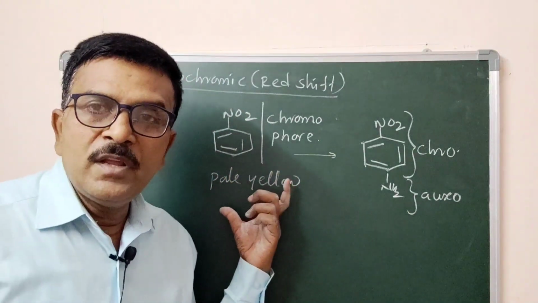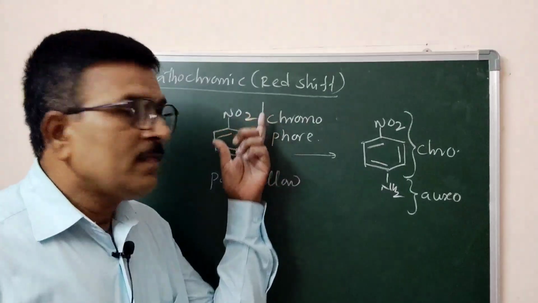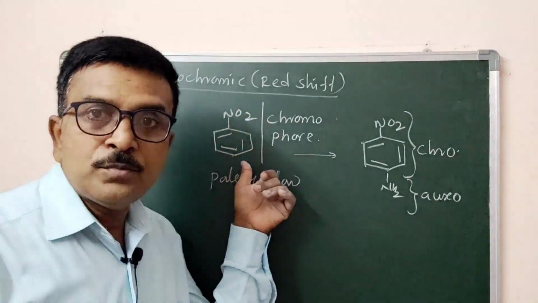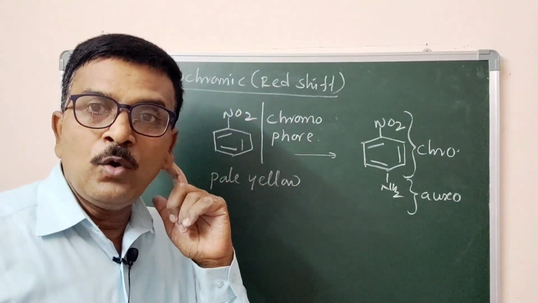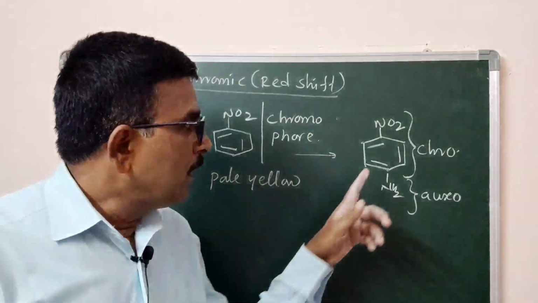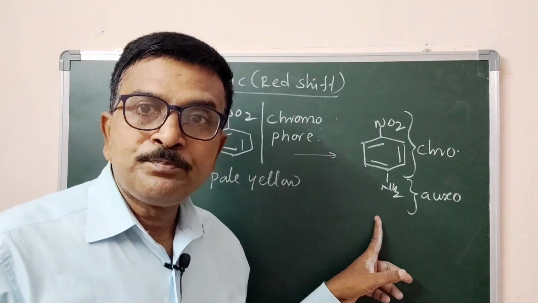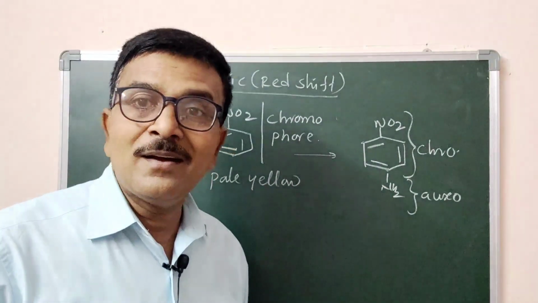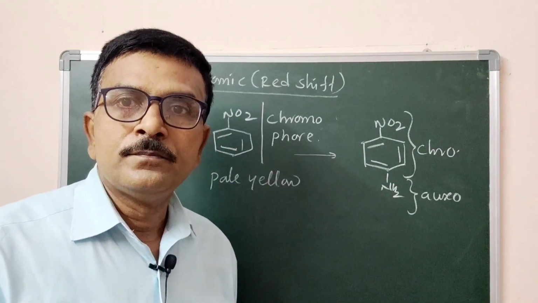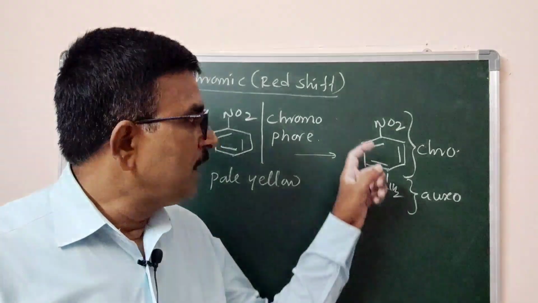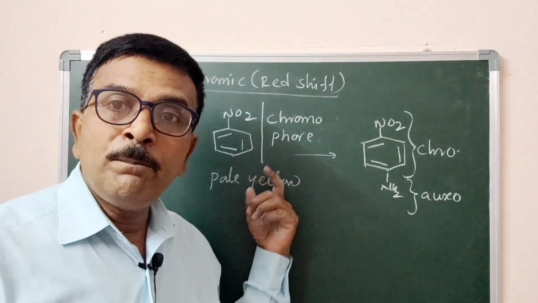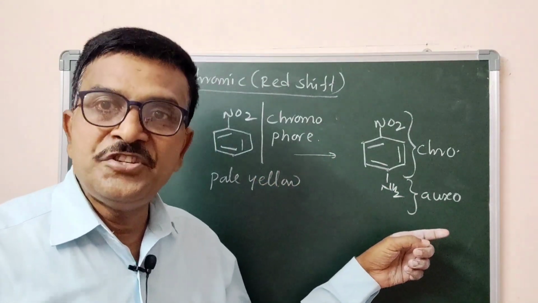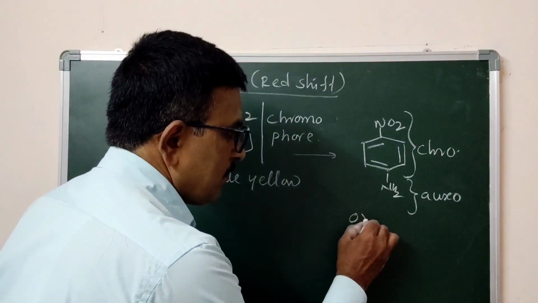In the first example, in the case of nitrobenzene, there is no auxochrome. Both the benzene ring as well as the nitro group are chromophores. In paranitroaniline, we introduced one auxochrome, NH2 is an auxochromic group. What happens? Its color changes from pale yellow to orange.